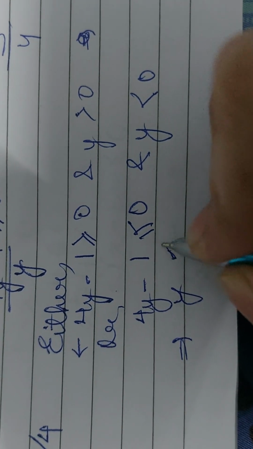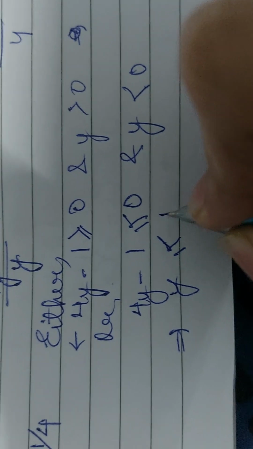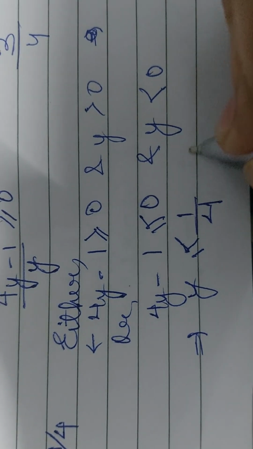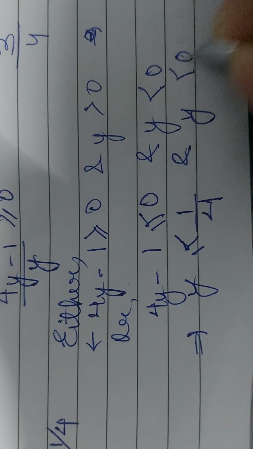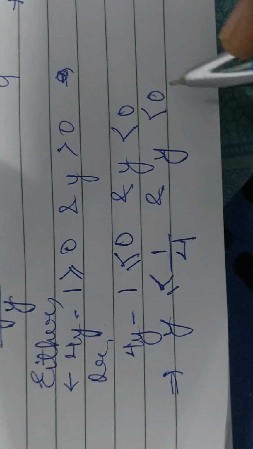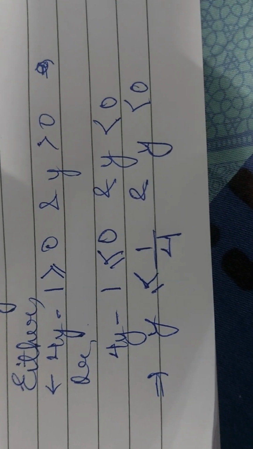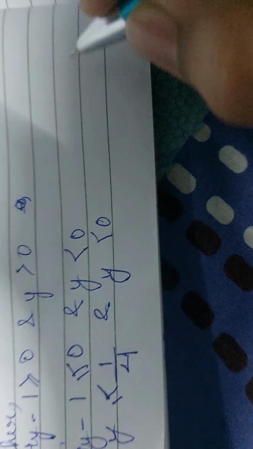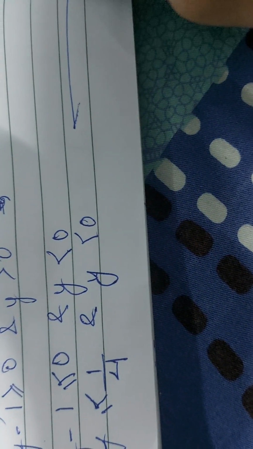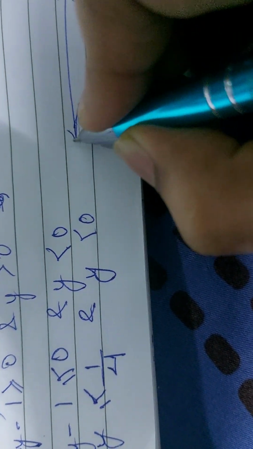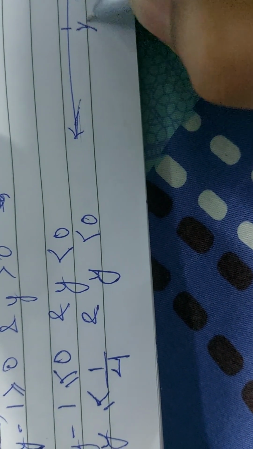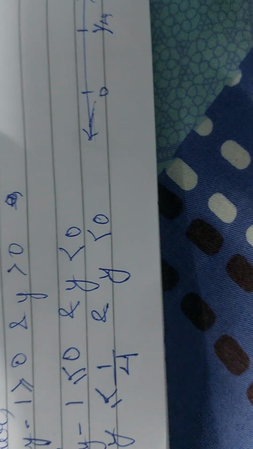y comes as y is less than or equal to 1 by 4 and y is less than 0. Let me just draw you a graph. 1 by 4, 0.